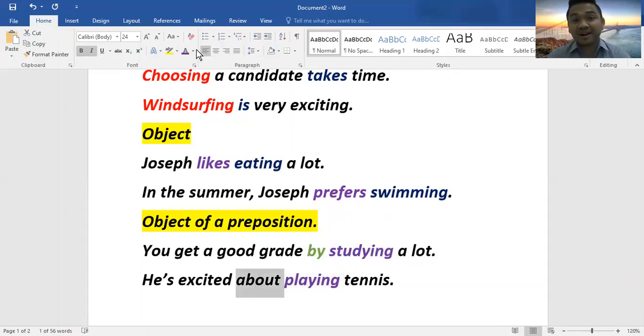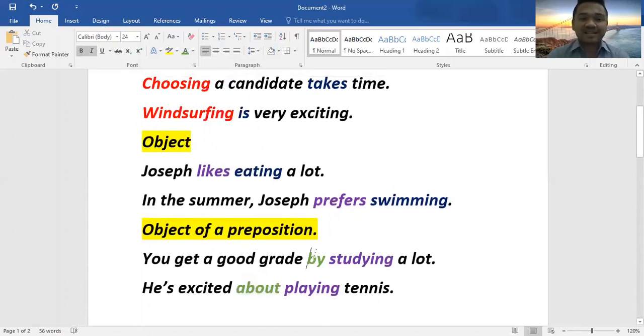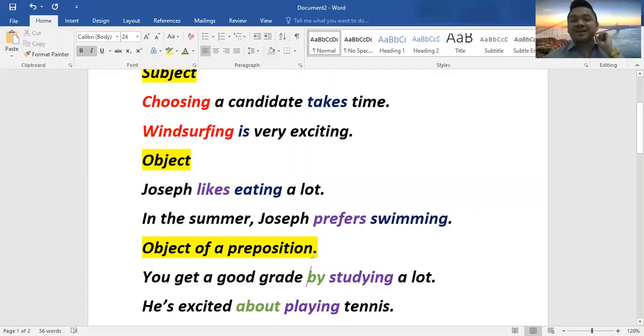So this is the reason why the function of the gerund here is an object of a preposition. As easy as that. Okay, so again, to wrap up everything: a gerund can be used as a subject if it comes before the verb. We can say that the gerund is an object if it comes after the verb. We can say that the gerund is an object of a preposition if a preposition comes first before the gerund.